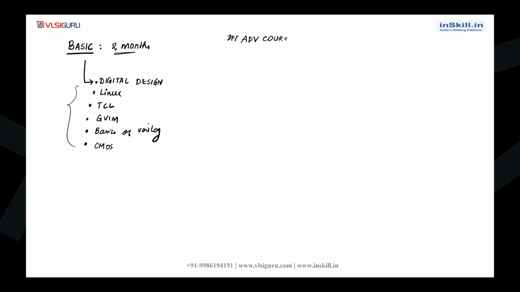In the DFT advanced course, it is a 3.5 months to 4 months course. It depends. Some batches we can complete within 3.5 months, and some batches might take around 4 months. As I told, ATPG is not a straightforward topic.